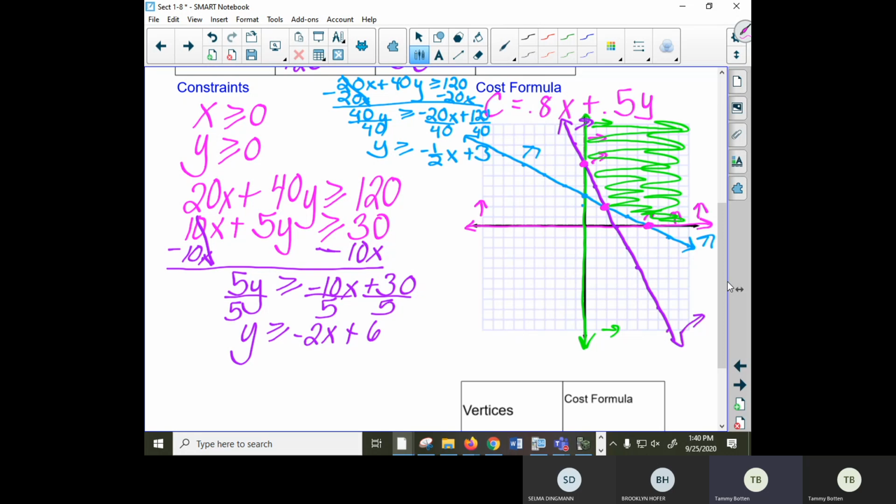This vertex right there is 0, 1, 2, 3, 4, 5, 6. This one is over 2 up 2, so 2, 2. And this one here is over 1, 2, 3, 4, 5, 6, comma 0. Is that what you guys got too? Okay.